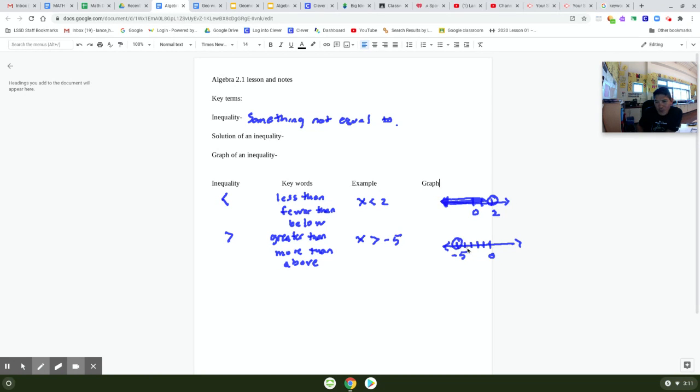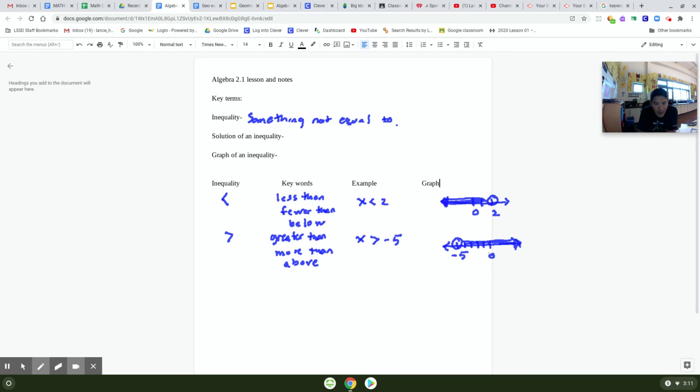I can make an open circle at -5, and then everything to the right, including the examples I mentioned earlier, 0, 8, -3, I would fill in on my graph. That's basically the solution set on a graph for the inequality.